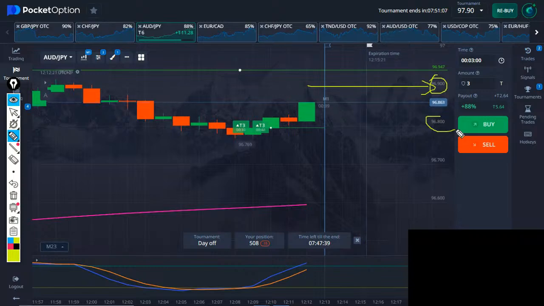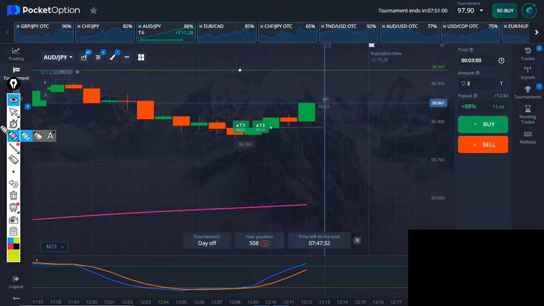Okay? The banks and the market makers do not use the Fibonacci. They do not use the stochastic oscillator.